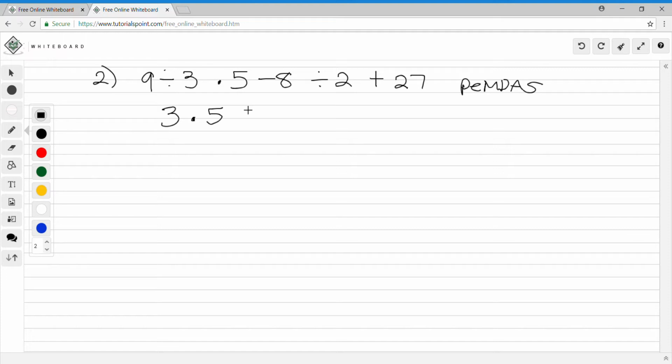And then I'm going to do the minus 8 divided by 2, which is minus 4. So that should just be minus 4.